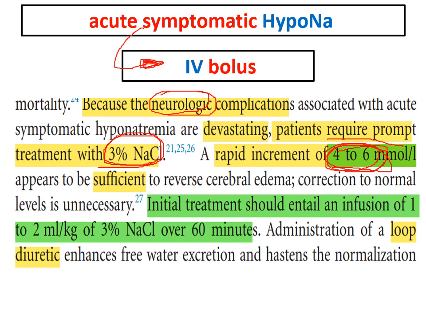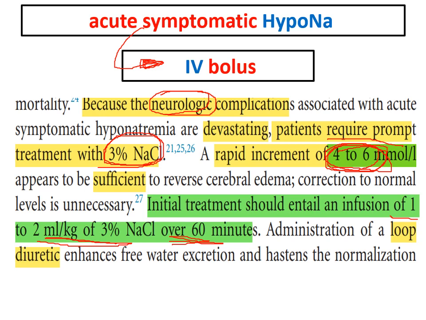And usually we give that bolus at 1 to 2 mL per kg of hypertonic saline, over 30 to 60 minutes, but usually we give it over 30 minutes.